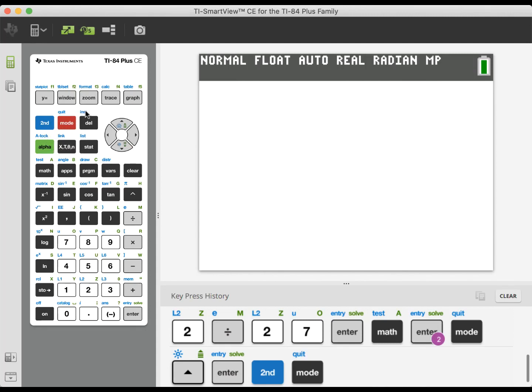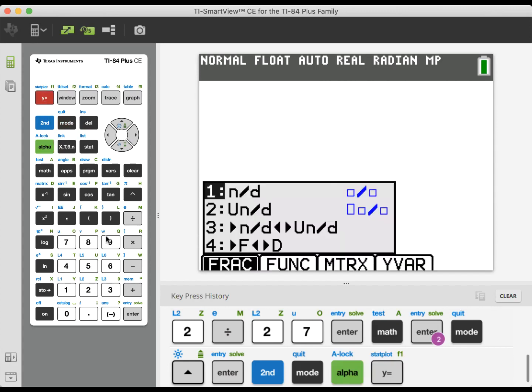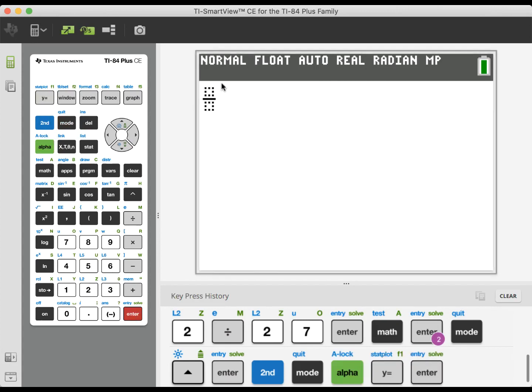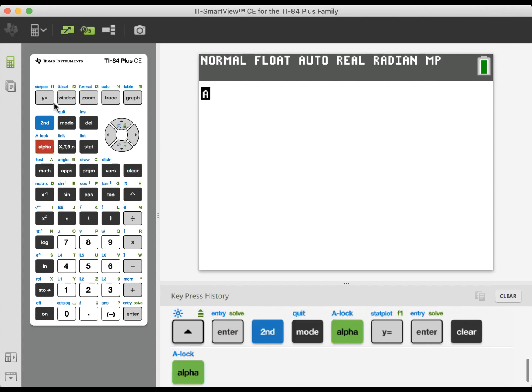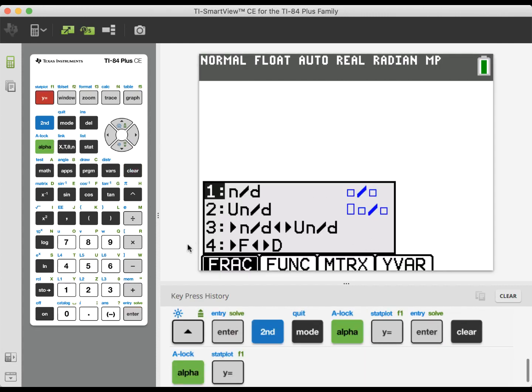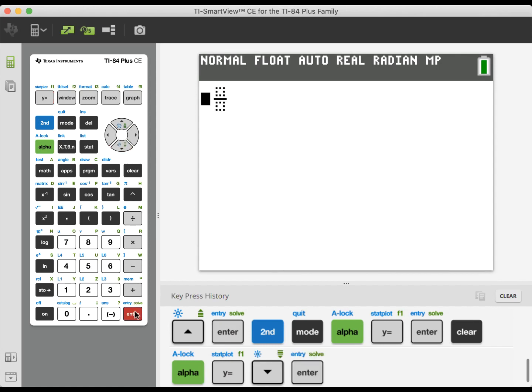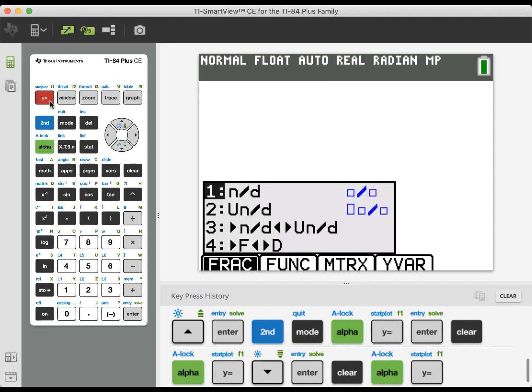Another thing, in order to put a fraction in, as in that fraction over a fraction, you can do alpha y equals enter. And notice that you'll be able to type in a fraction over a fraction, or even if you have a mixed number, alpha y equals, and then you can do the UND there, which then you can type in a mixed number there. And alpha y equals enter.